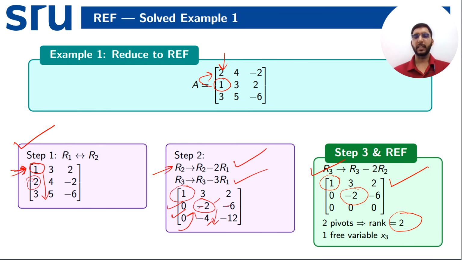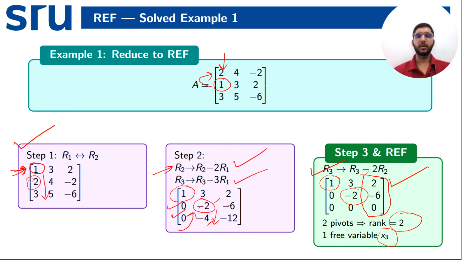And there is one free variable: the third column is free. It is a 3 cross 3 matrix with two pivot entries. That means two rows are independent and this one is dependent, which we call the free variable.